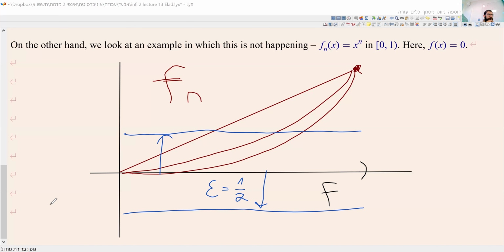It is pointwise converging. It has a finite limit for every x. But for every x, epsilon needs a different index in order to maintain the convergence. You cannot use the same level for every x along the segment.